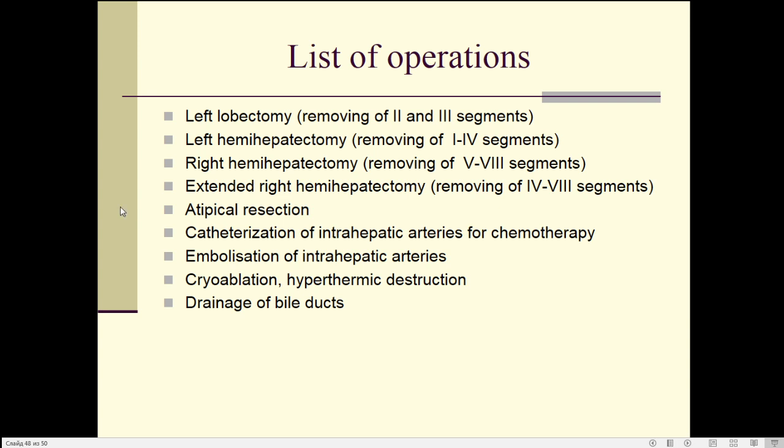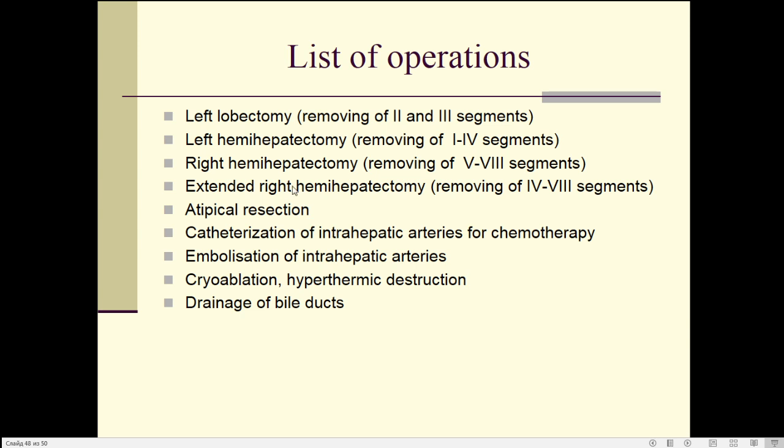List of operations: left lobectomy, if the tumor is localized in the left lobe, removing the second and third segments. Left hemihepatectomy, removing segments 1 to 4.